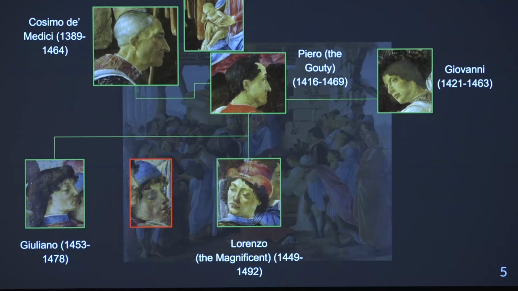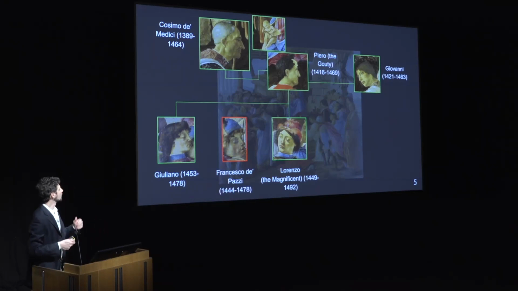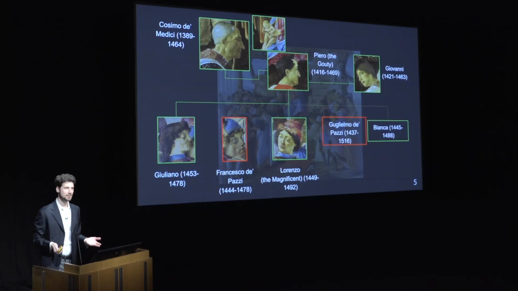In between the two men here, Giuliano and Lorenzo, there is another one who is actually hugging Giuliano. And for what I'm about to say, I have no evidence, but again, I really like this version of the story. I hope you enjoyed it as well. One of the possible identifications for this man is actually Francesco de' Pazzi. Who's Francesco de' Pazzi?